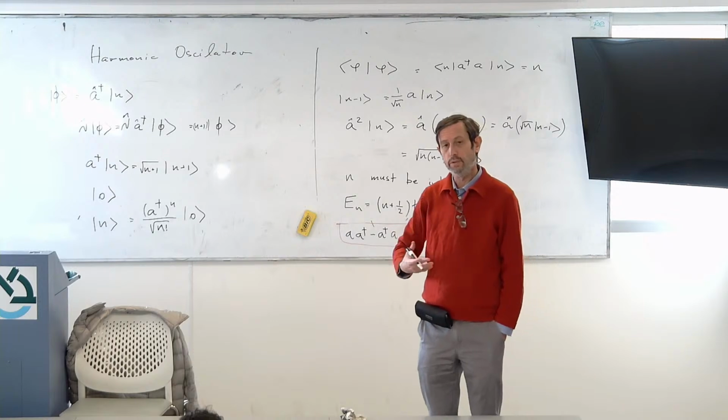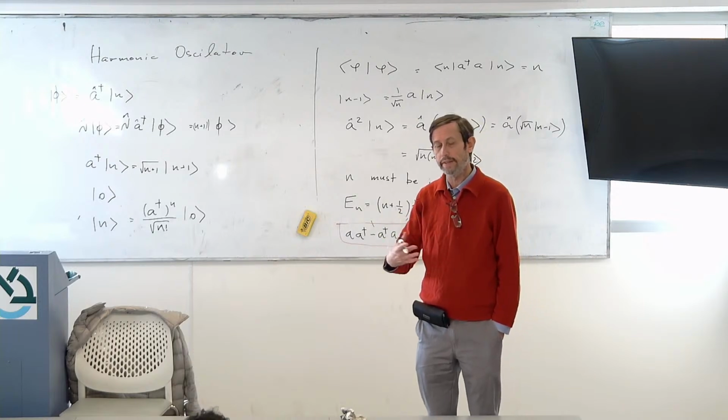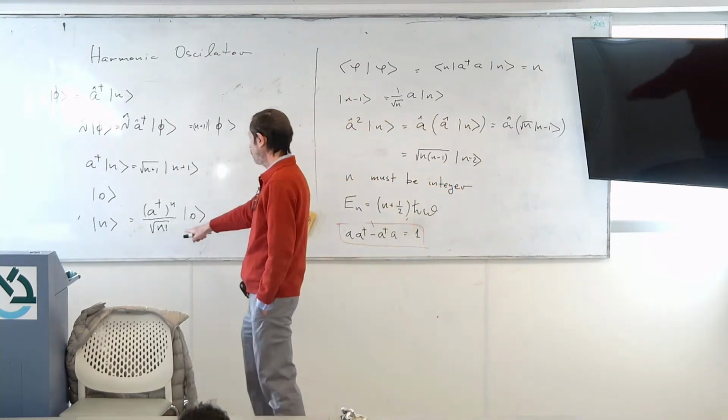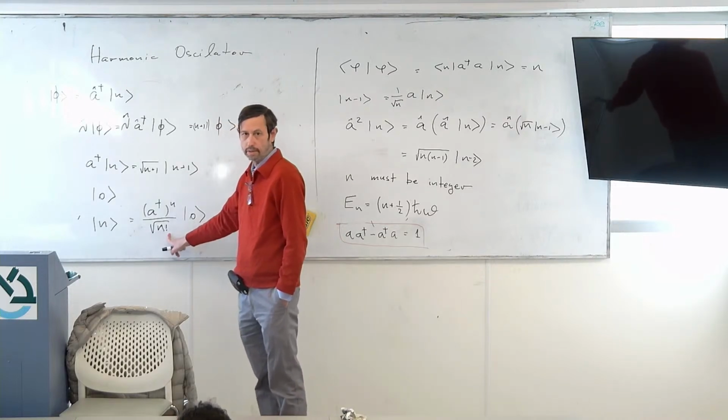So all I have to do is operate on the ground state n times, and I'll get the n eigenvector. The only thing I have to worry about is correcting normalization.